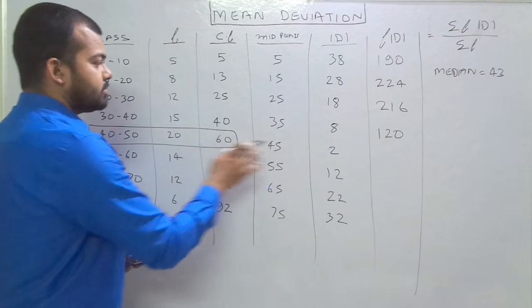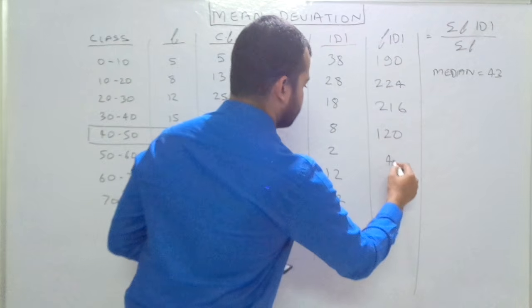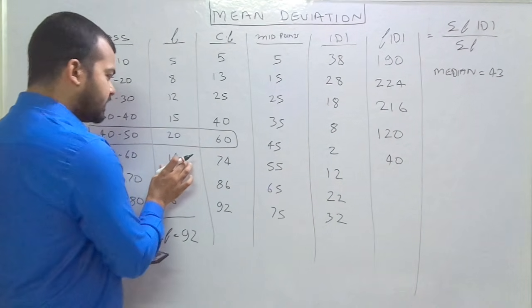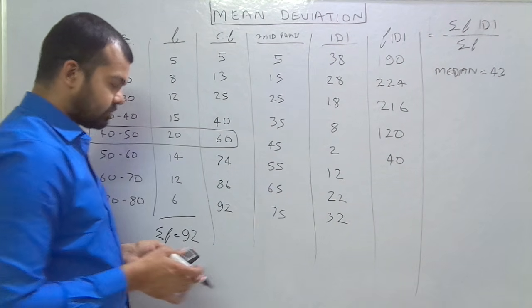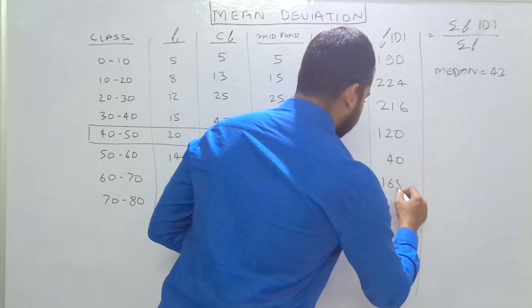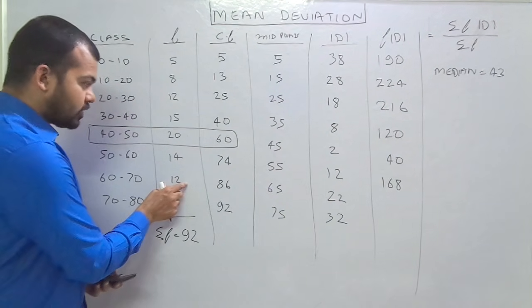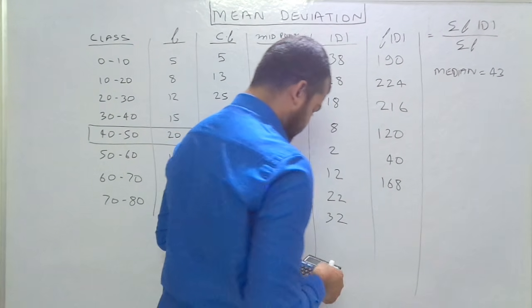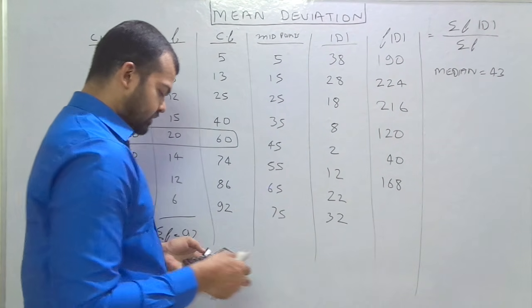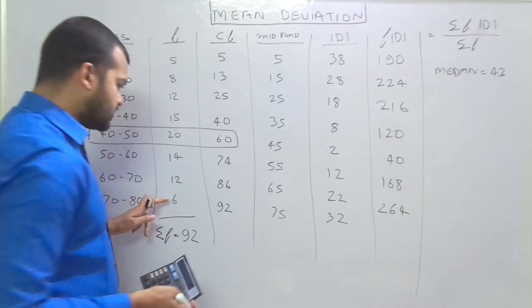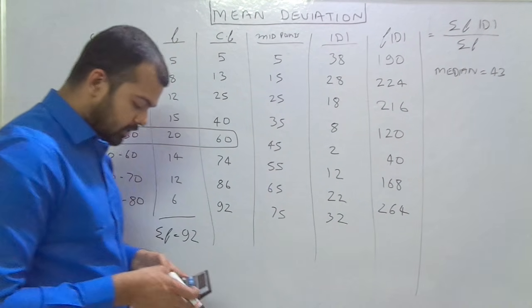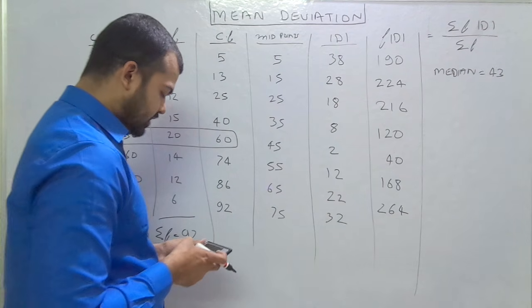Now this 20 multiplied by 2, that is 40. Now this 14 multiplied by 12 is 168. Now this 12 multiplied by 22, that is 264. Now the last one, 6 multiplied by 32, that is 192.